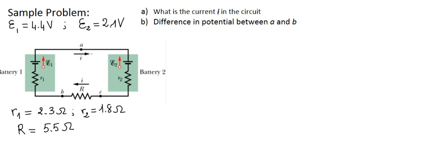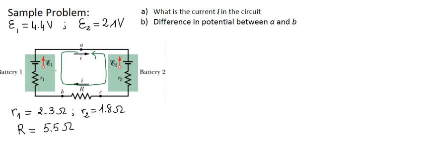The path that I will choose is this one. I start from this point A and go counterclockwise. Along this path I will write the loop rule.